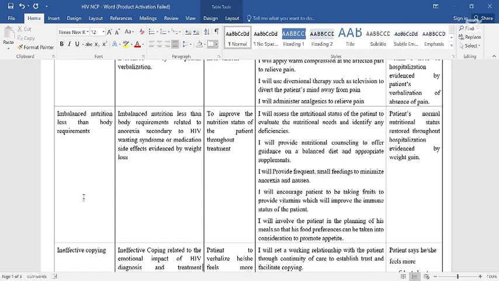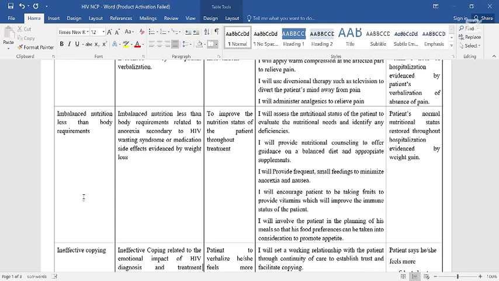Of course, you can also put things like depression, but at least here we can see those are the reasons, evidenced by weight loss. So this patient with HIV, number one, has anorexia. Then the lack of appetite is as a result of the medication side effects and also the wasting syndrome.